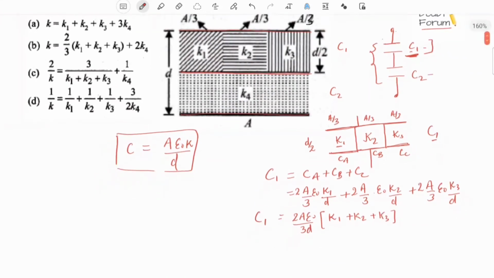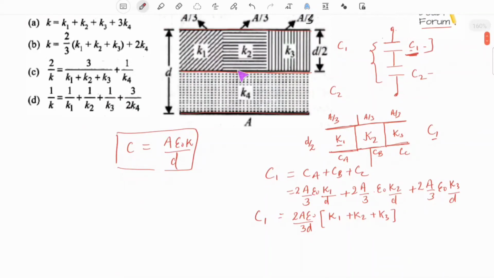Now the value of C2 is very easy because C2 has uniformly filled dielectric material whose dielectric constant is K4. So the value of C2 can also be expressed by using this formula. The area of the plate in case of C2 will remain A, so A into epsilon naught into K, where K is the dielectric constant of the material filled.